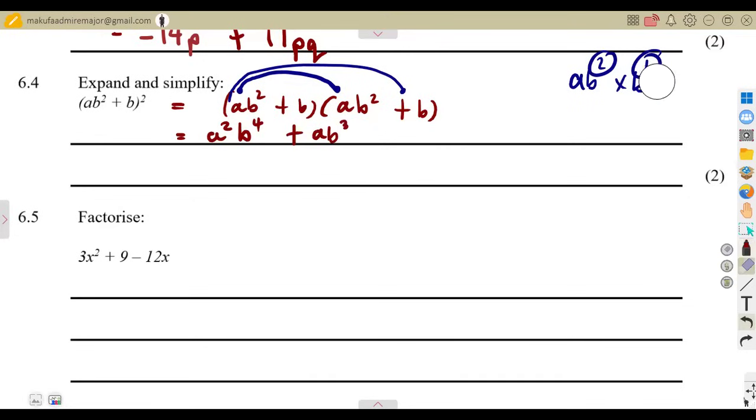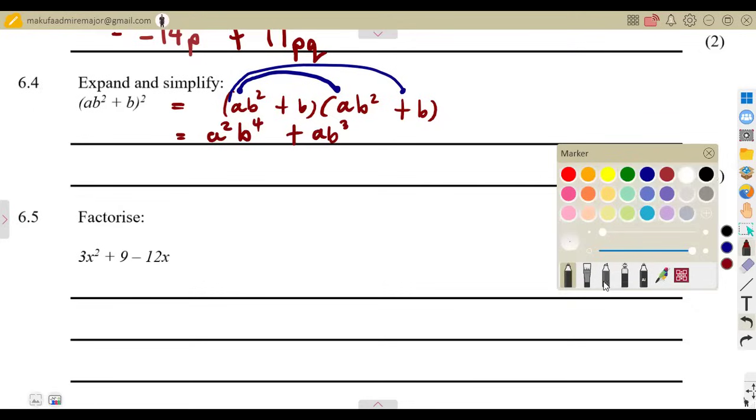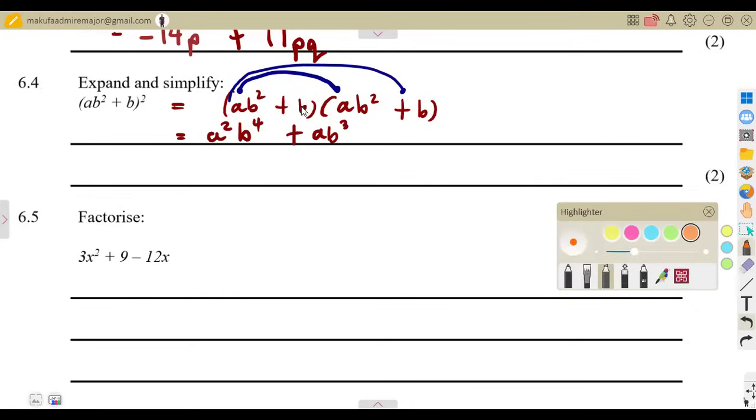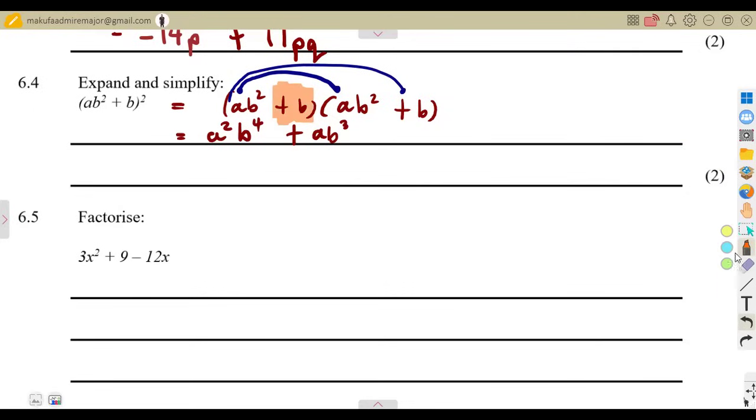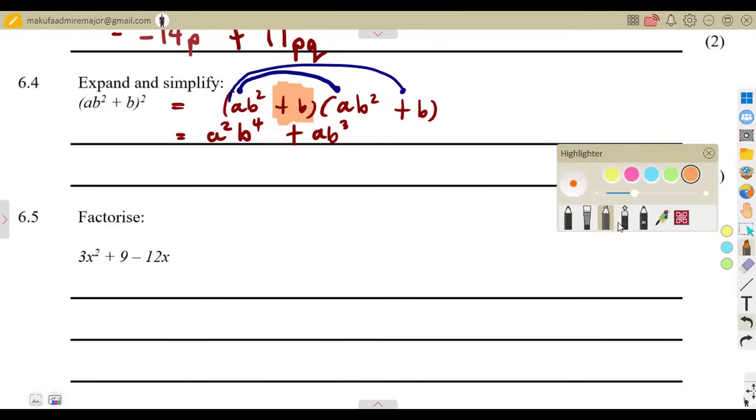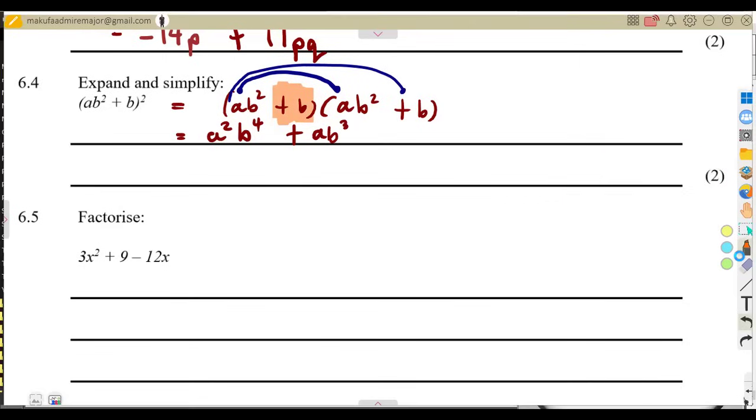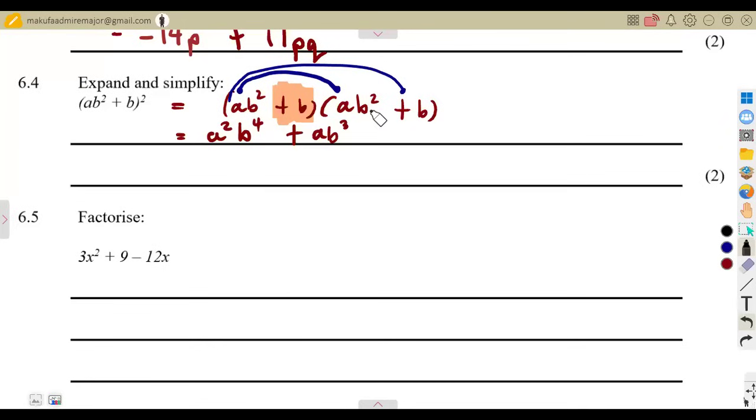We move on to the other term in the first bracket. The first bracket, there are two terms there. So this time you're considering this term, the plus b. Focusing on the plus b, if you were to simplify, this was simply the b multiplying this part of ab². So there is ab², but being multiplied by b.